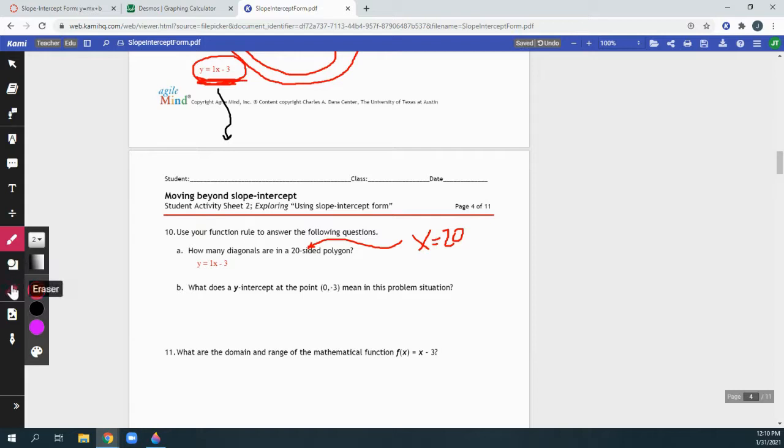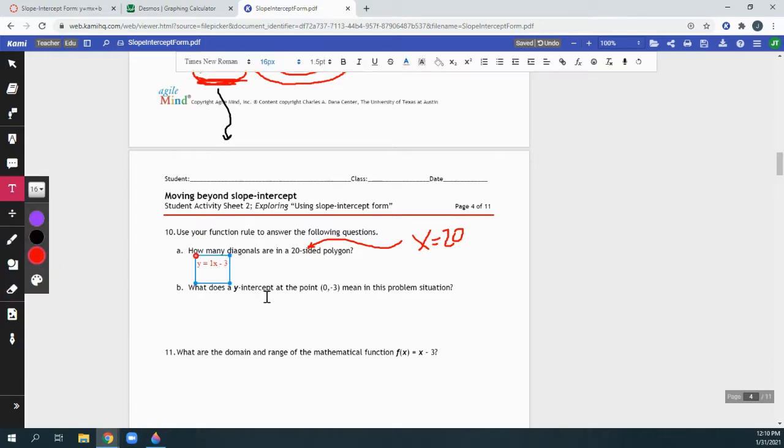So x is 20. So that's going to be y equals 1 times 20. That means y equals, well, 1 times 20 is 20, minus 3 is 17.